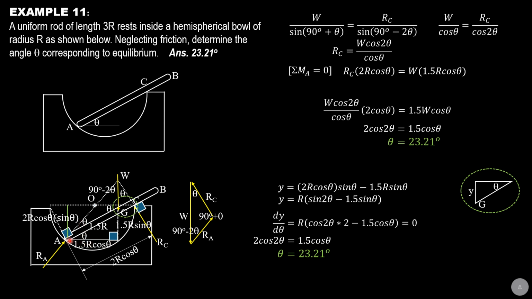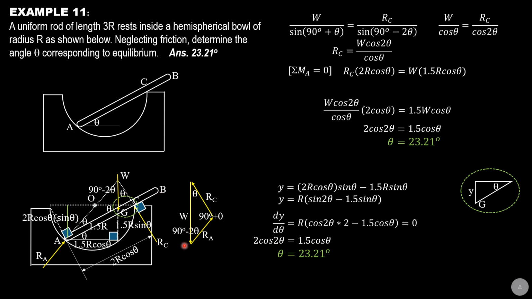And since this is horizontal and that's vertical, we have a right triangle and this angle measures 90 degrees minus 2 theta. Likewise, the angle of inclination of the rod is equal to the angle between the vertical and the normal, or R sub C, which is perpendicular to the rod. So that is theta.